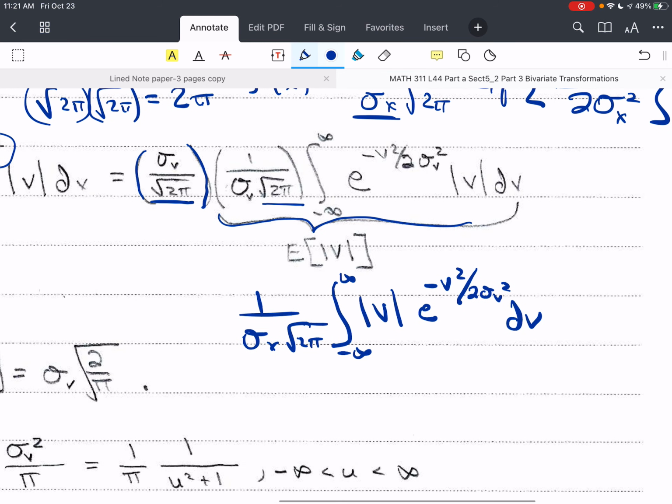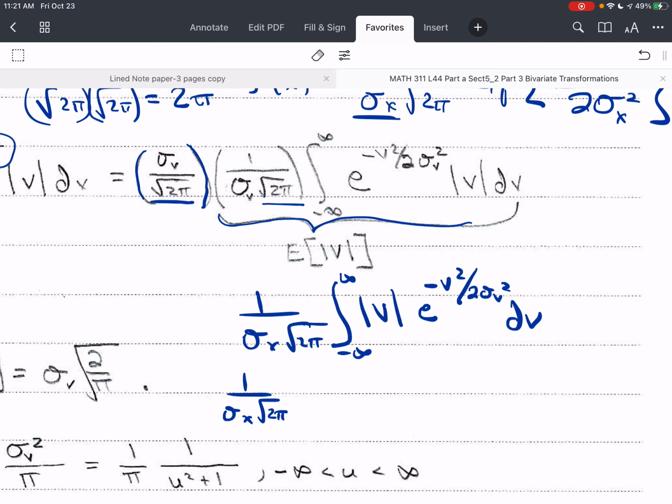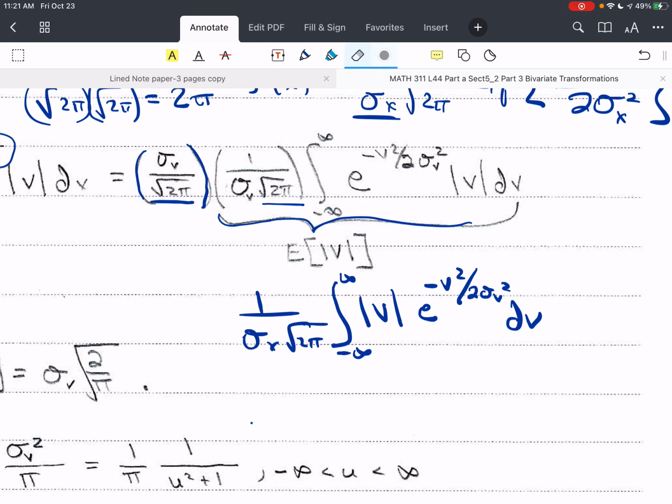I could rewrite this as 1 over sigma v square root 2 pi. I'm just using the part that's in the bracket here. So 1 over sigma v square root 2 pi, and then I have the integral from negative infinity to positive infinity.